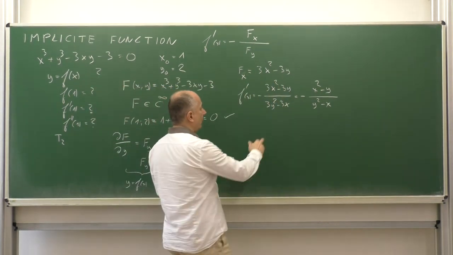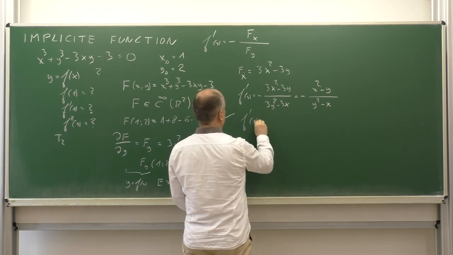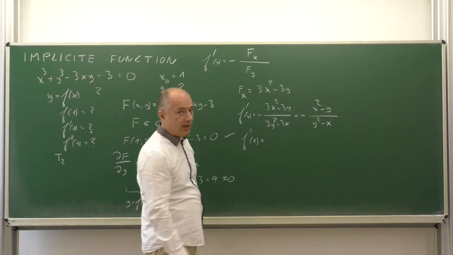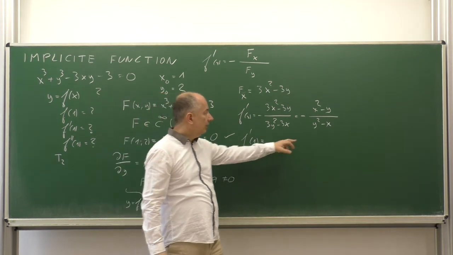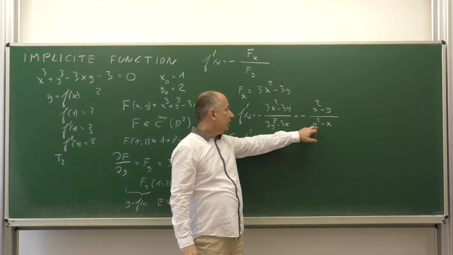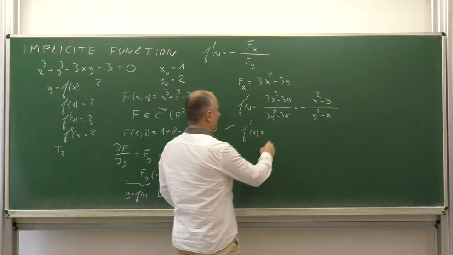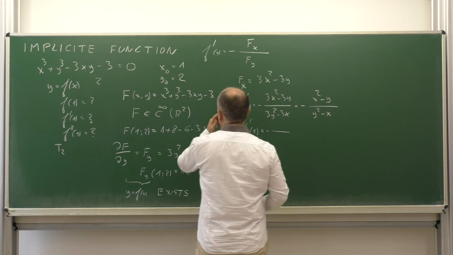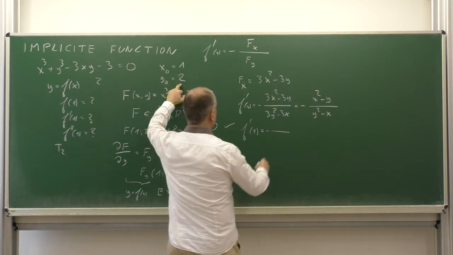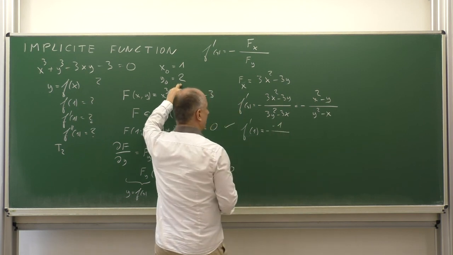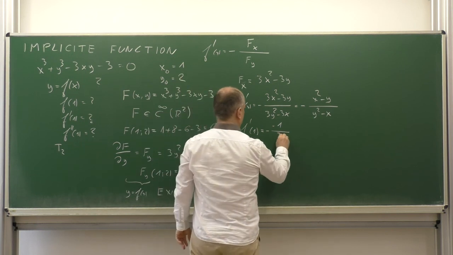And we can evaluate the derivative at x is 1. But again, you see, this information alone, that x is 1, is not enough to evaluate this formula. We also need the information about y, which is 2. So we have minus the fraction 1 minus 2, which is minus 1, divided by 4 minus 1, which is 3.